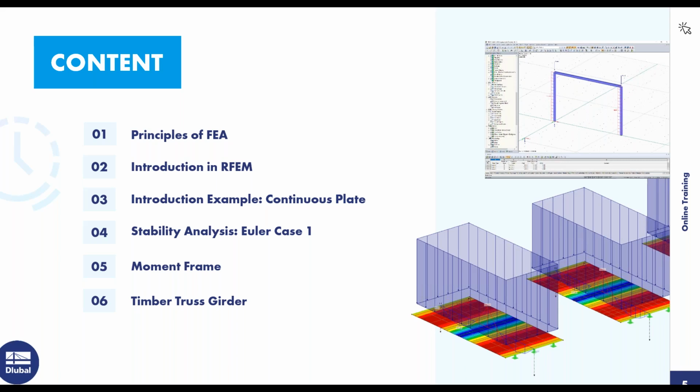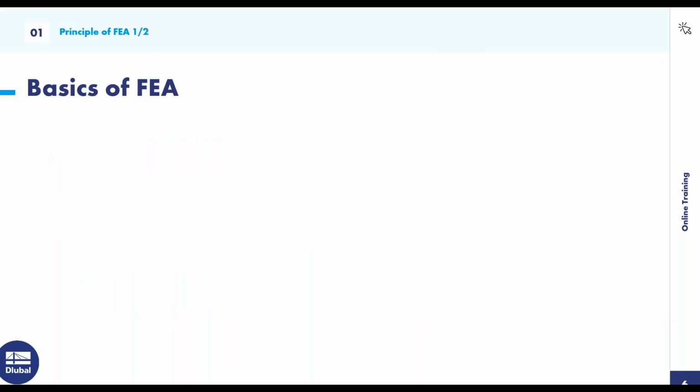And then after that, we'll do a stability analysis example called Euler case 1. And then we'll convert that example into a moment frame. And then the last example will be a timber truss girder. So with that said, we can jump into going over the basics of FEA.